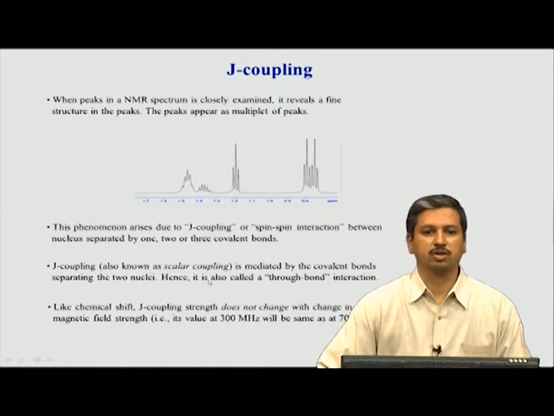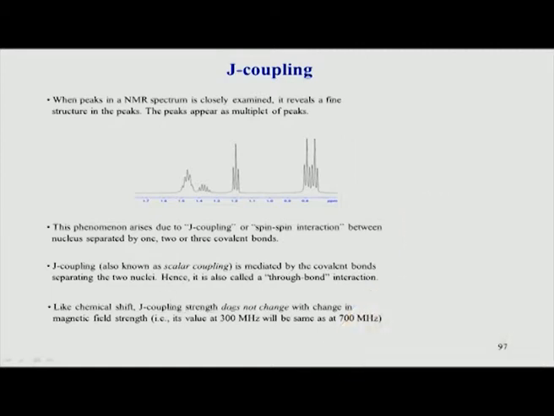J coupling is also known by the words scalar coupling or through-bond interaction, and like chemical shift, J coupling does not change with a change in the magnetic field. For example, if I measure the J coupling between 2 atoms at a 300 megahertz spectrometer as, let us say, 10 hertz, that value will be the same if I go to a higher magnetic field. So, that value does not depend on the magnetic field.